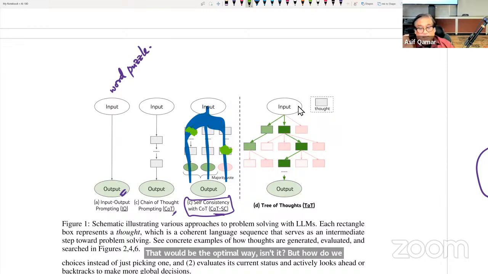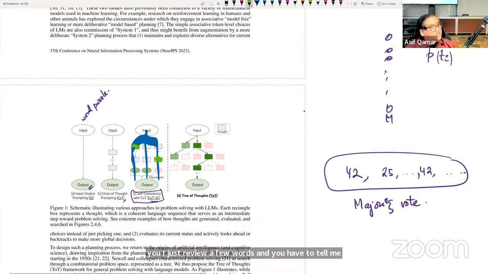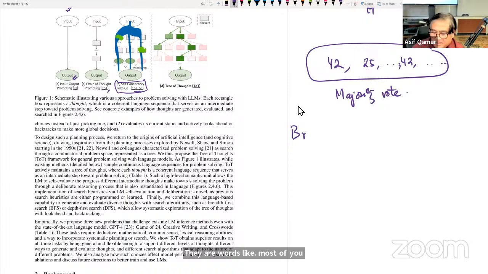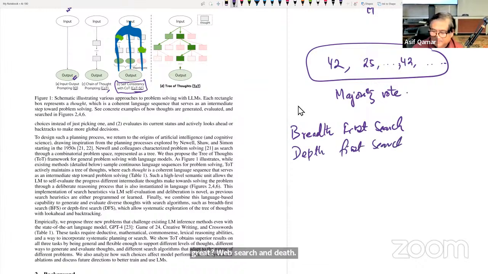Now that requires a little bit of a graph theory thing. And 2 concepts I'll just go back and review. I'll just review a few words, and you have to tell me how much you guys remember it, or whether I need to review it at all. They are words like, and most of you will know, but I want to just spend a little time. Breadth first search, and depth first search.